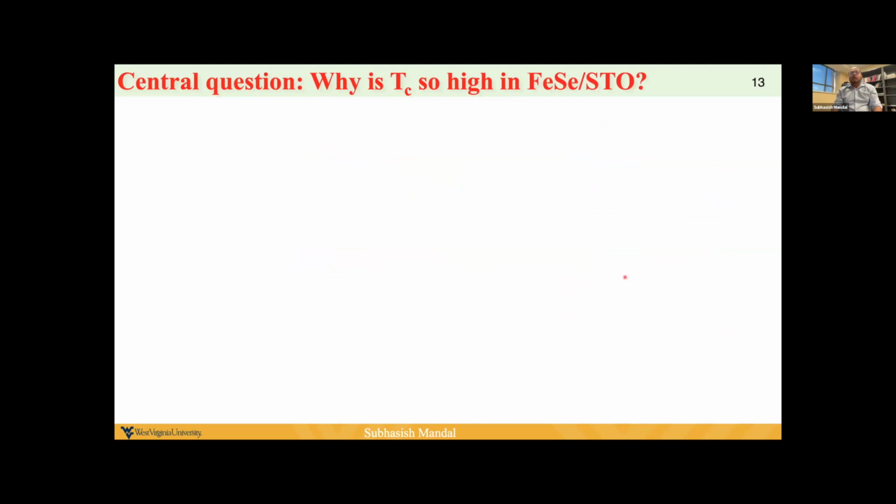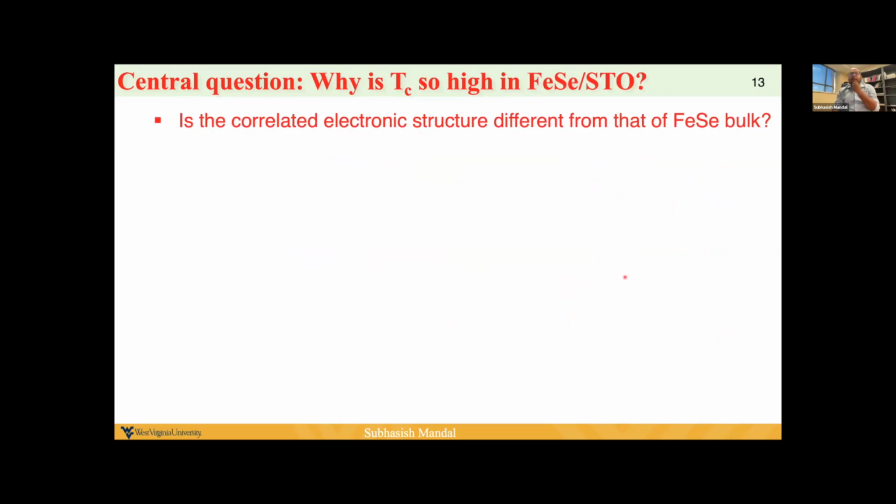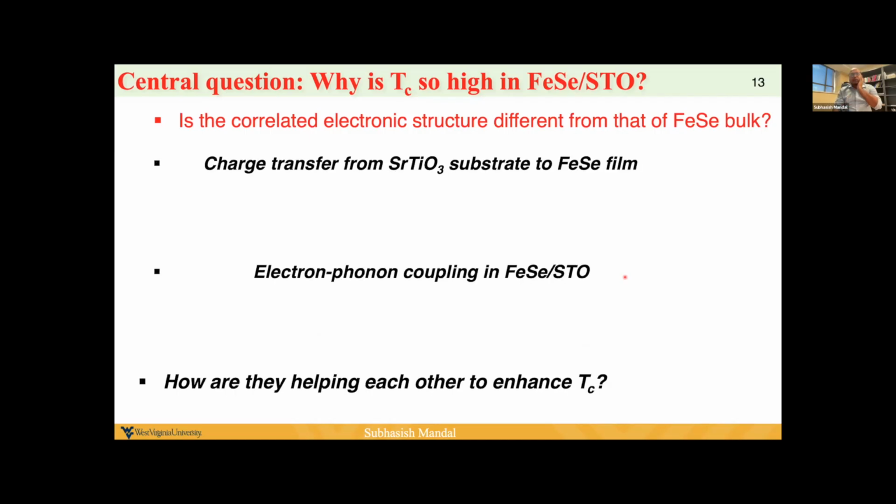Now, the central question is why the TC is so high. The first thing is that we would like to know whether the electronic structure is really different from the bulk or not. And then we do see the charge transfer from the substrate to the film, and there is electron-phonon coupling.